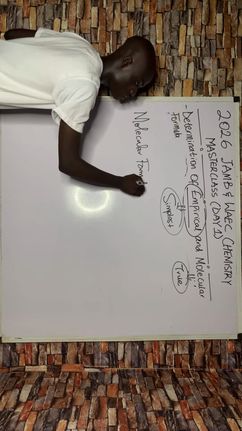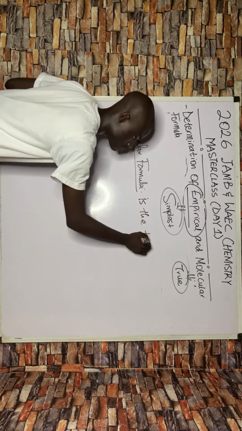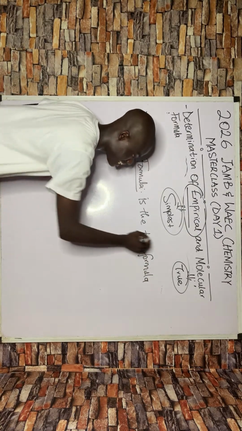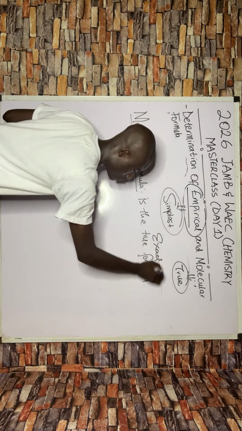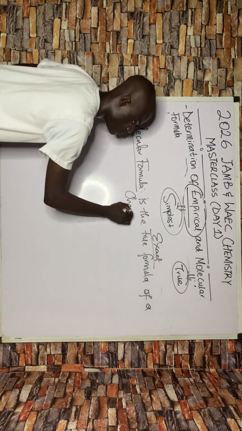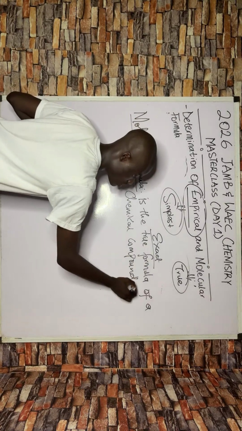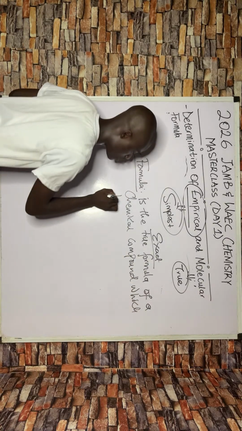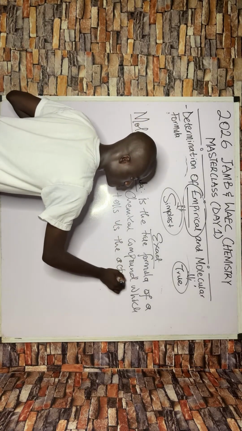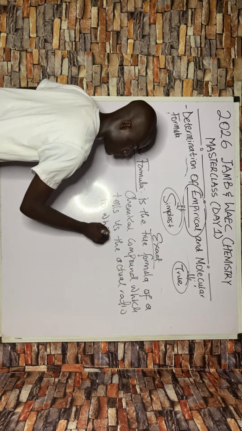So molecular formula is the true formula, or some books might put it as the exact formula of a chemical compound which tells us the actual ratio to which the elements are combined.